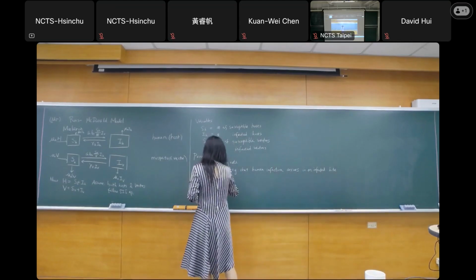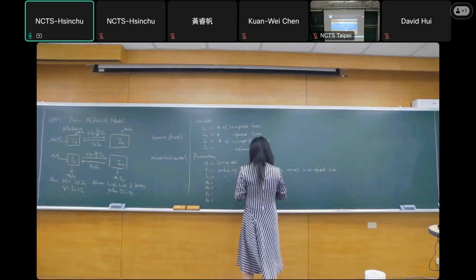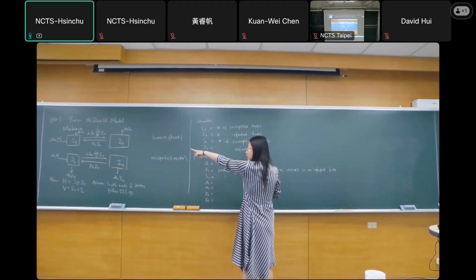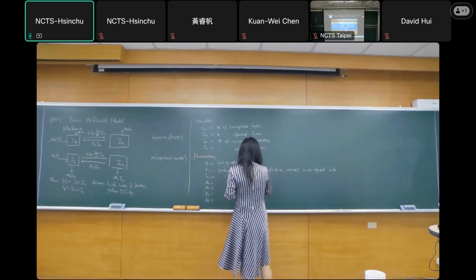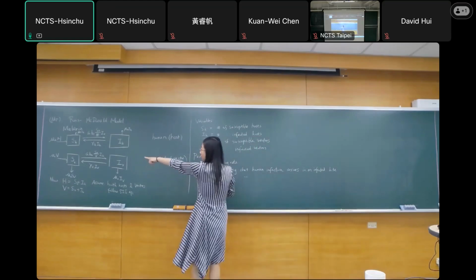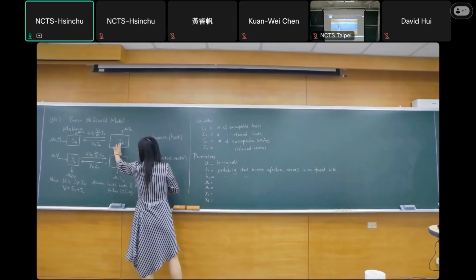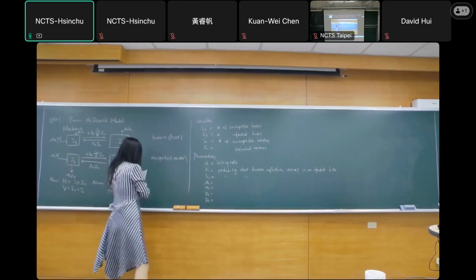Then B2 is a probability, and when what? When a susceptible mosquito bites the human host. So sorry, the other way around. When an infected host is bitten by a susceptible mosquito.